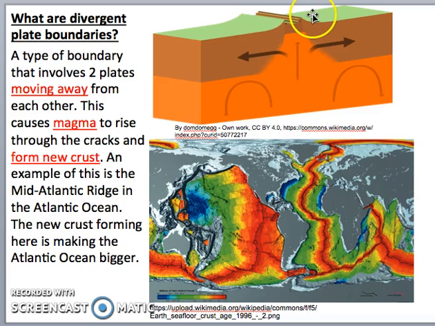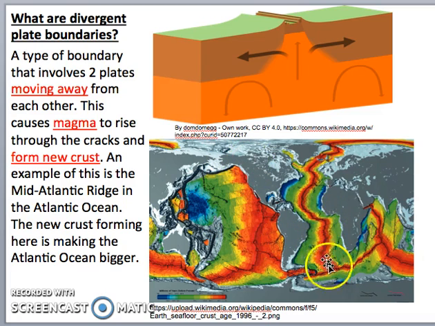new crust. In this picture, here is a map of the Earth, but it shows where the divergent boundaries are. Wherever there's a red line here, this is where there's divergent boundaries and new crust is being formed. The red shows the newest crust of the Earth, and as you move away from the red, this is where the older crust is.